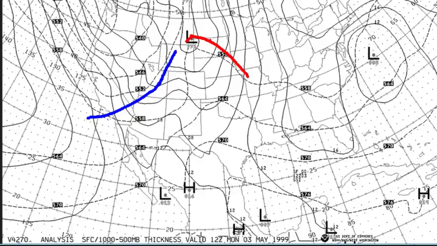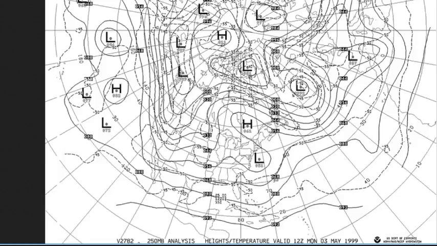But I would expect to find it maybe somewhere up in that area right there. And sometimes we find even weaker ones further to the south. And that's probably about all we can do with that chart there. Surface data is really what's important there. There's the 250 millibar analysis showing the troughing out on the west coast.